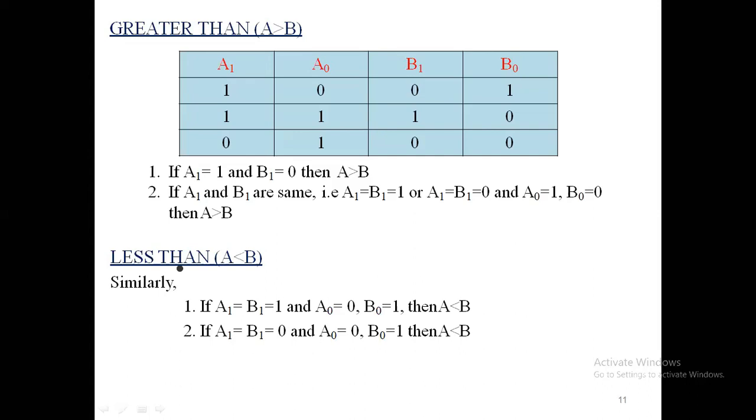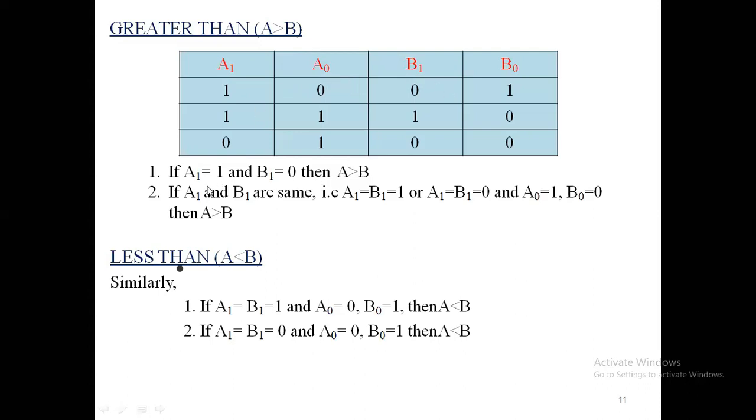So A is greater than B. 1 is greater than 0. The condition is true. So then A1 B1 is nothing but 1. And if A0 is equal to 0 and B0 is equal to 0, is 0 greater than 1? The condition is false. Then we represent the value A0 is equal to 0.